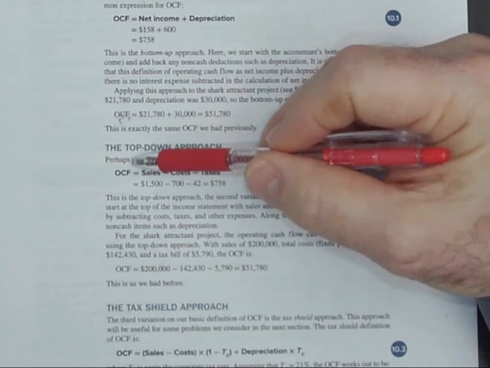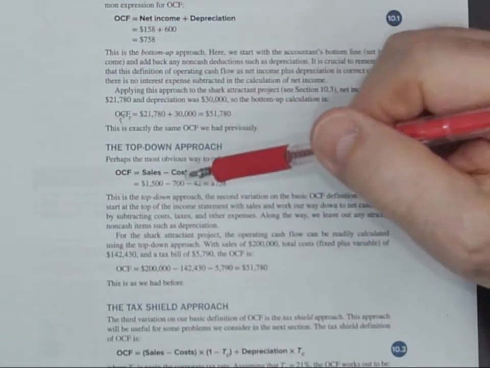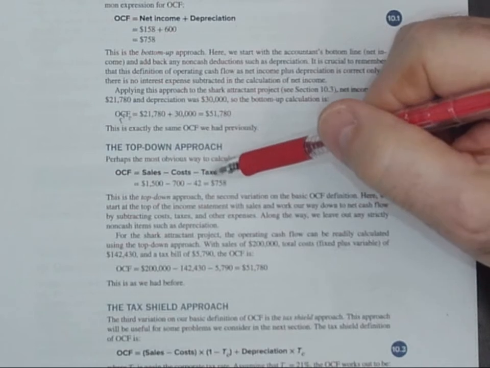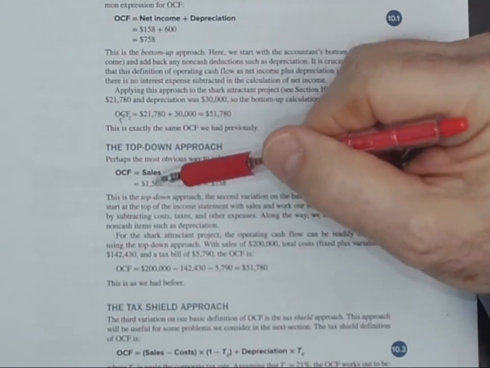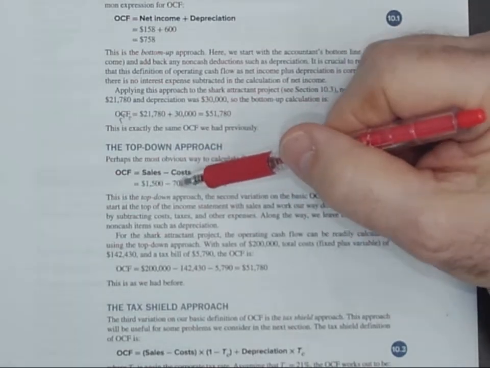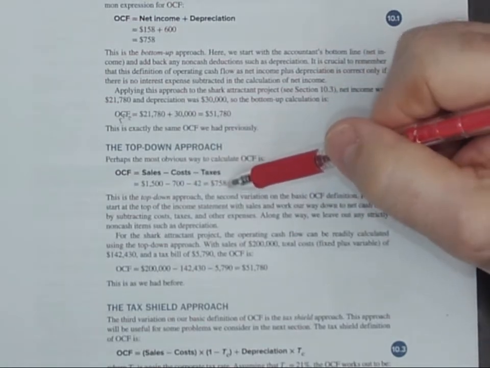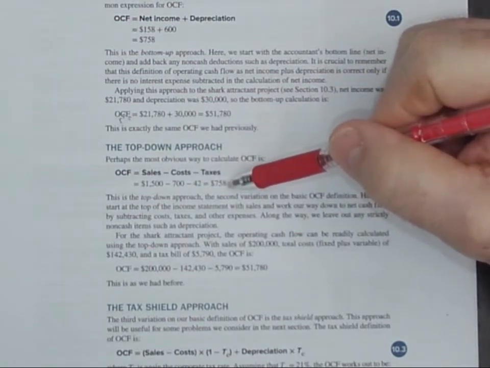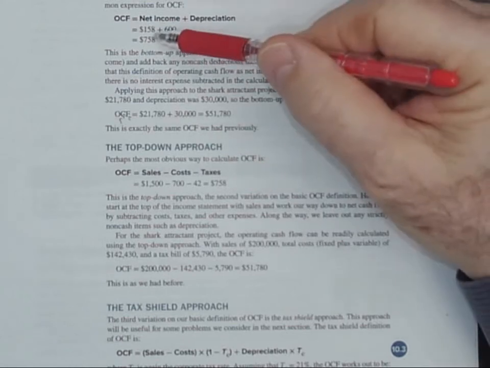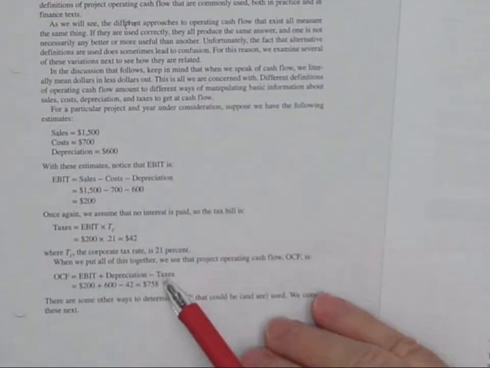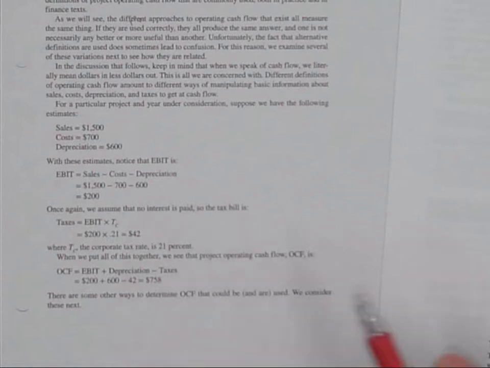So it's just what revenues do we have, that's the sales, what are our actual cash costs, and what are our taxes, and that gives us 1,500 minus 700 minus 42, all from the previous page, gives 758. Well, that's the same 758 as up here, and it's the same 758 as on our original calculation.